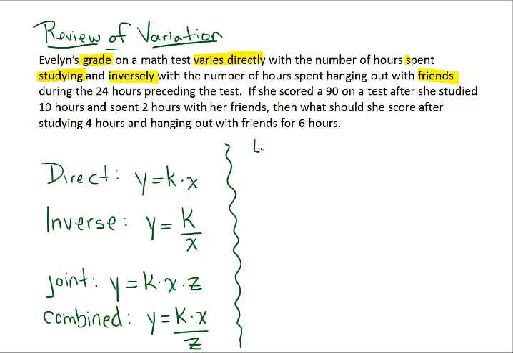I'm going to let G equal the grade, or Evelyn's grade. I'm going to let S equal the number of hours spent studying. And then I'm going to let F equal the amount of time that I spend with friends.